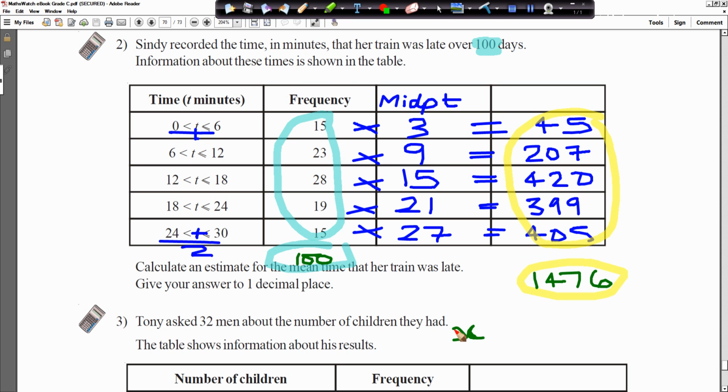The mean, which I'll call X bar, as we do in statistics, is equal to the sum of all the midpoints times the frequency, divided by the sum of the frequency, which is 100. This should be a nice easy calculation. We divide by 100, moving the decimal point two places back. So my final answer should be 14.76.